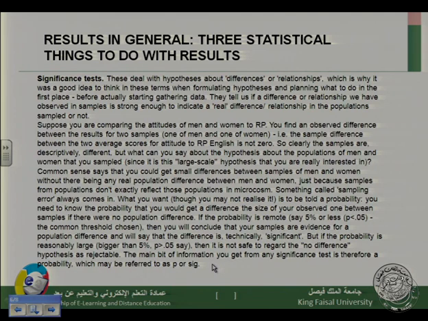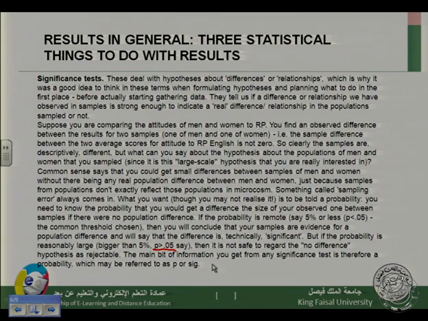They tell us if a difference or relationship we have observed in samples is strong enough to indicate a real difference or relationship in the population sampled or not. So we use these significance tests, as I told you, just to give us a boost of confidence that yes, we have a real difference or a real relationship. How? Through the level of significance, which is here. The p-value, the probability value, is less than 0.05, which is 5%.